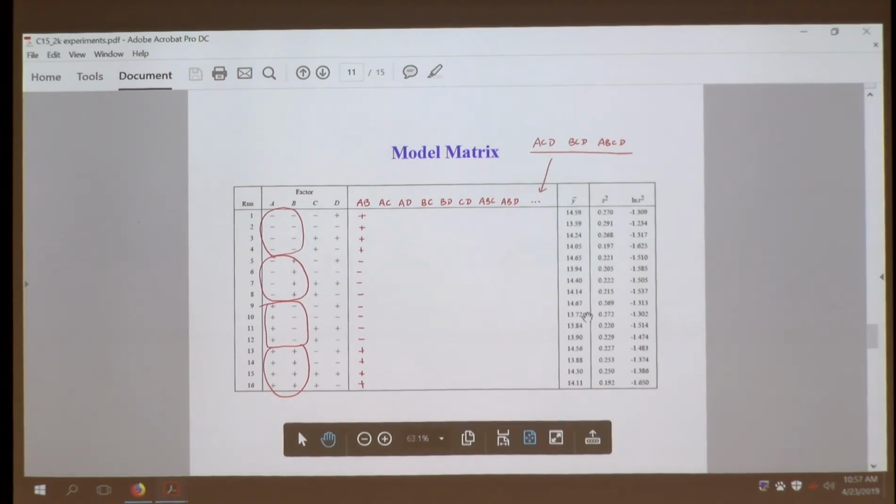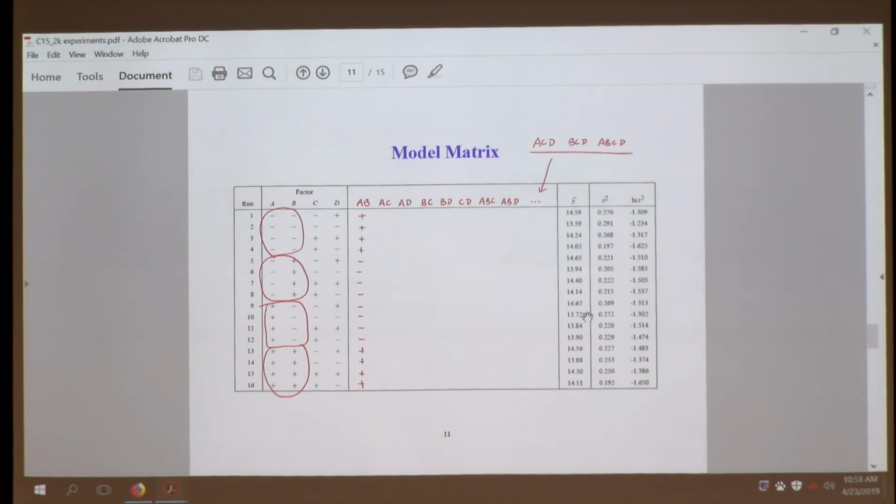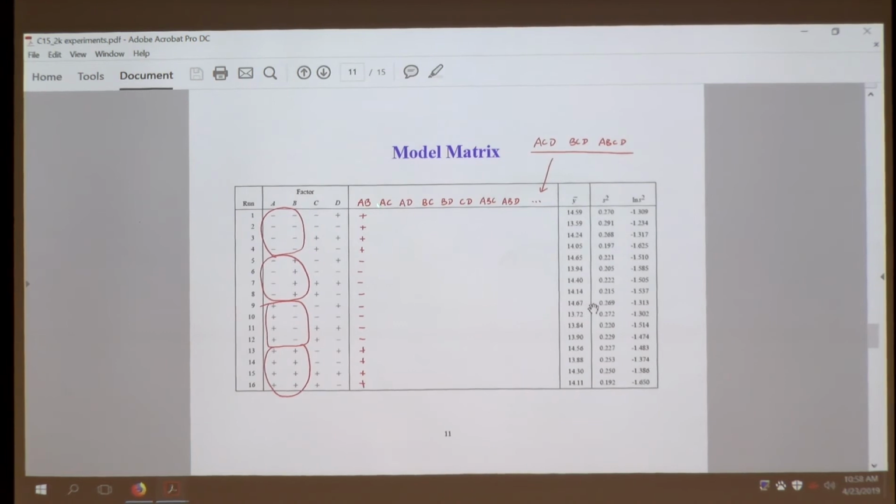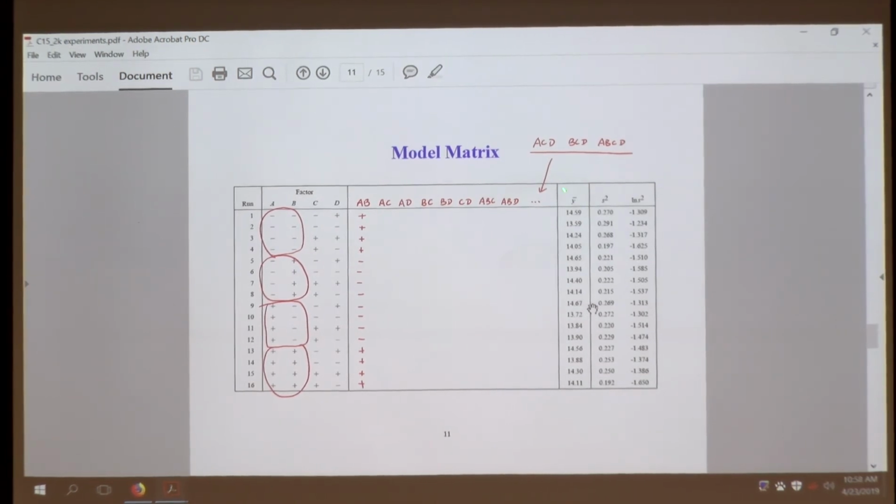Those are our factors. Factors have effects and may impact our response variables. This is a mean. This is a dispersion.